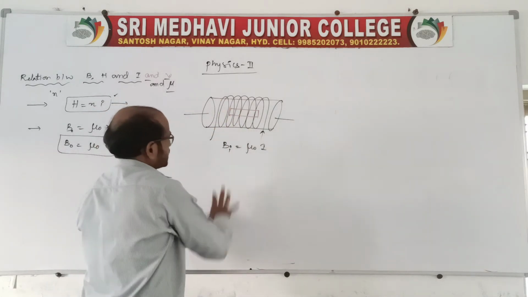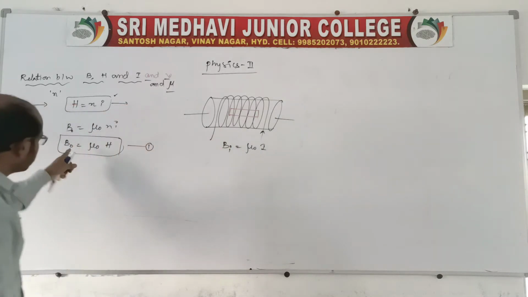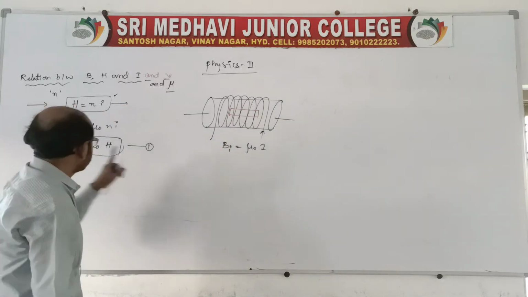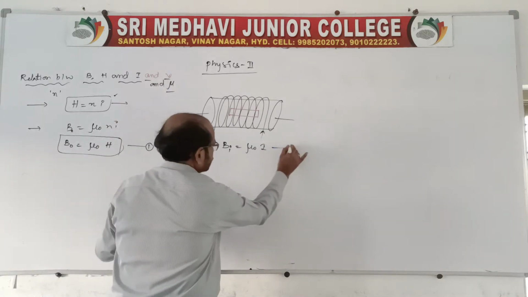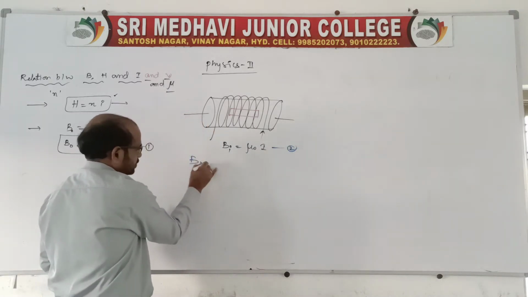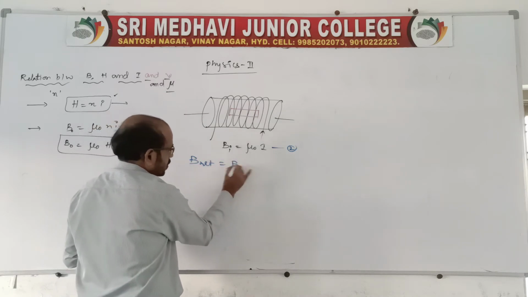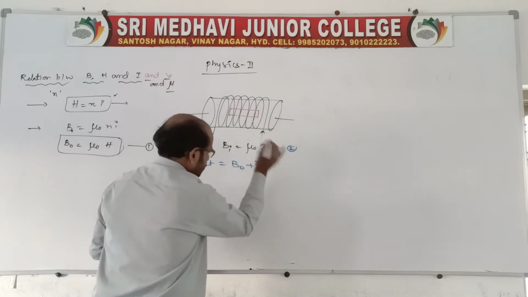Now there will be an induced field, and there will be a magnetic induction due to the solenoid, B naught is equal to mu naught into H. You write this as equation 2. Now let us take B net, that is B naught plus Bi, because both fields are there.